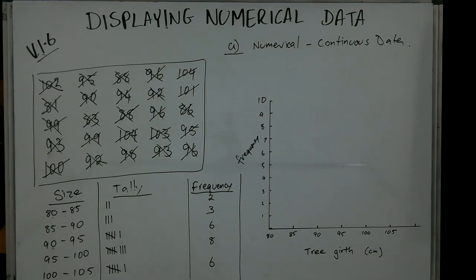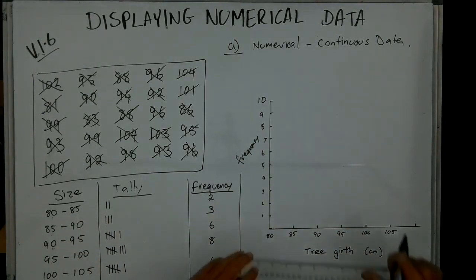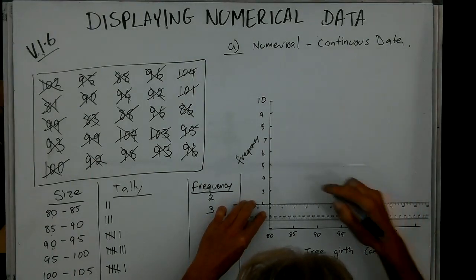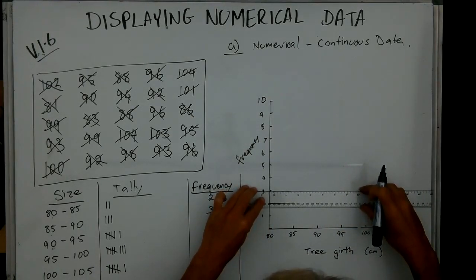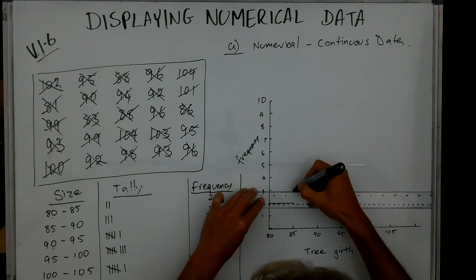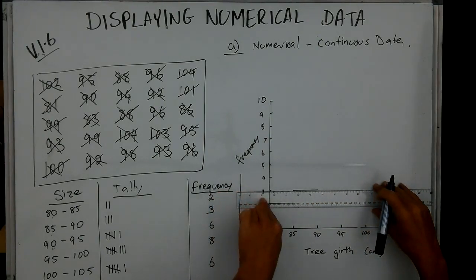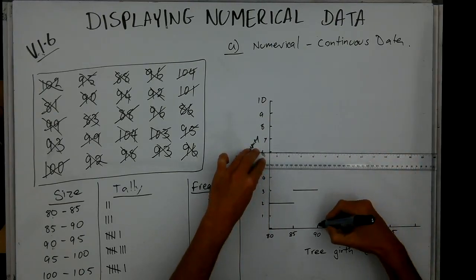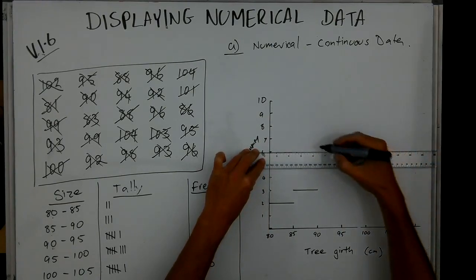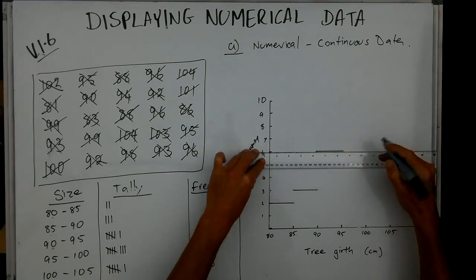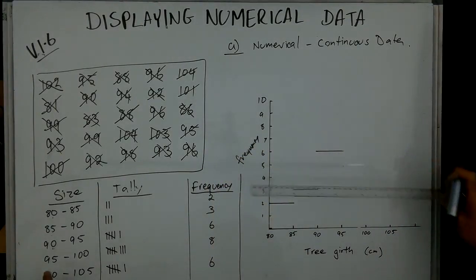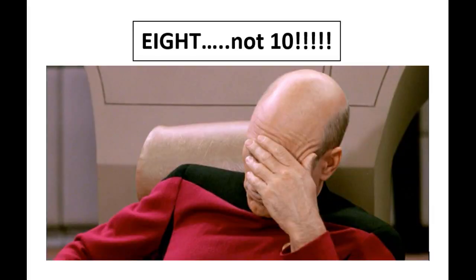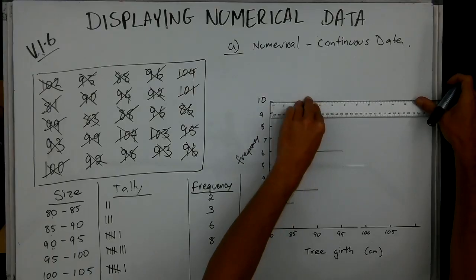I've labelled my axes and put my regular scale in, and now we need to draw the bars of the histogram. In the first category we've got 2, so I'll put in the horizontal lines. Next one, 3. I'm doing this as neatly as I can. 90 to 95 has 6. 95 to 100 has 8.